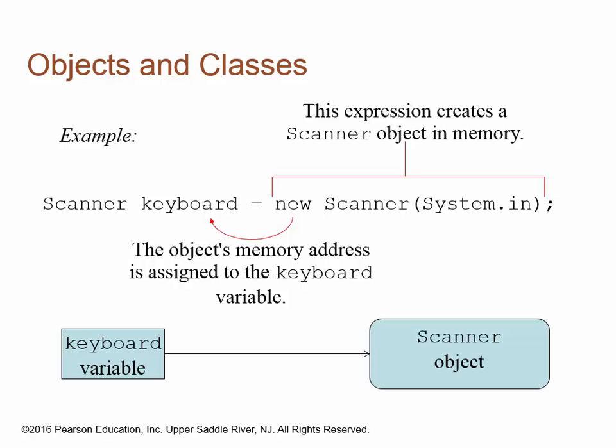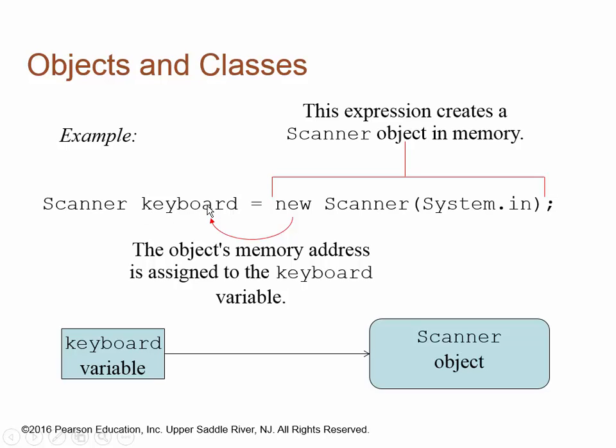So here's an example looking at something we've already used. When you say Scanner keyboard = new Scanner(System.in), Scanner is the name, all right? Basically, it says the object's memory address is assigned to the keyboard variable. So that's the variable, and it's really a member of that class.